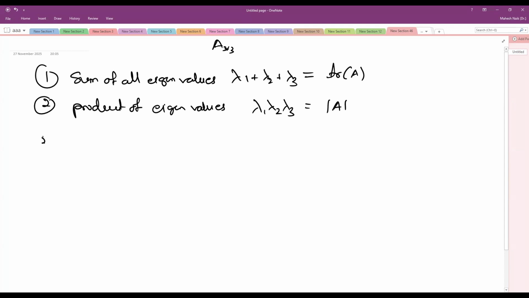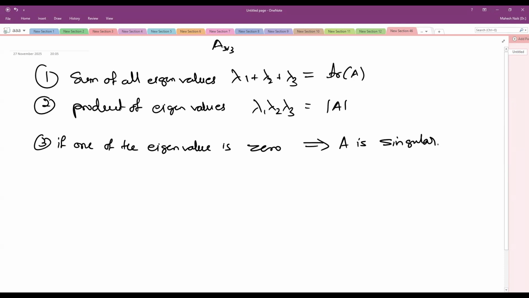Also, if one of the eigenvalues is 0, then the determinant is equal to 0, which means the matrix is singular and non-invertible.